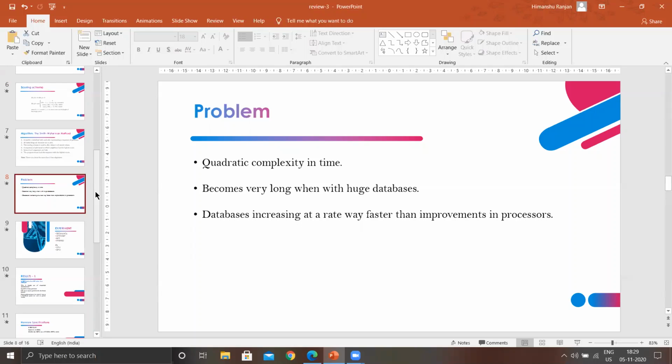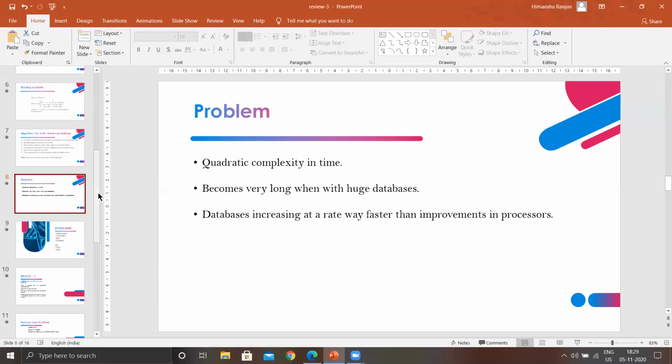As we already discussed in review two, quadratic complexity in time becomes a very big problem when we are dealing with huge databases. The problem is aggravated by the fact that genomic or biological databases are growing at a rate way faster than the improvement in processor speed.